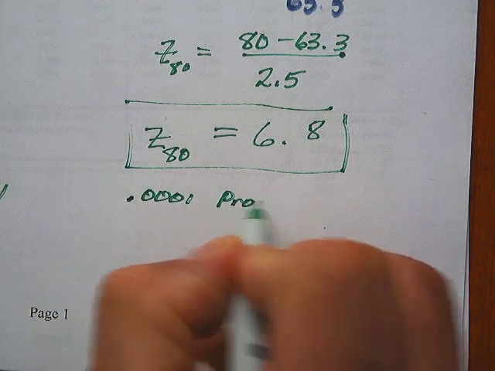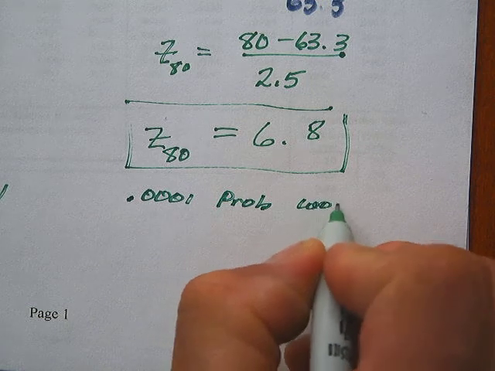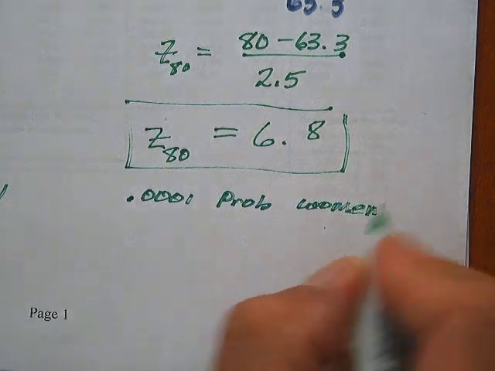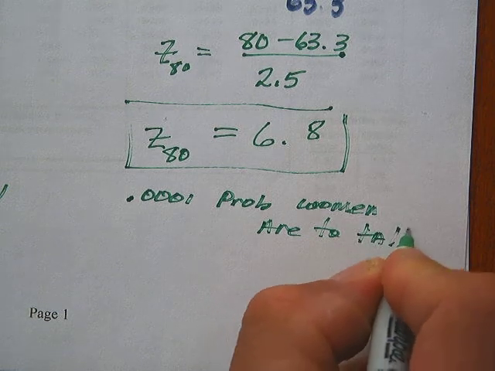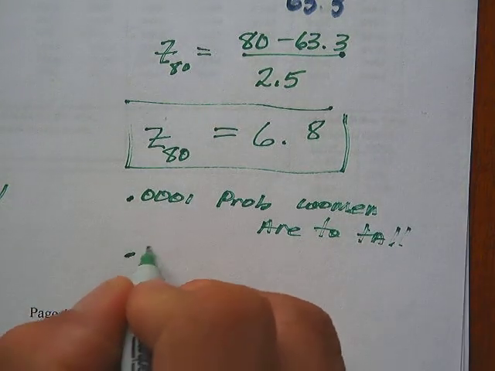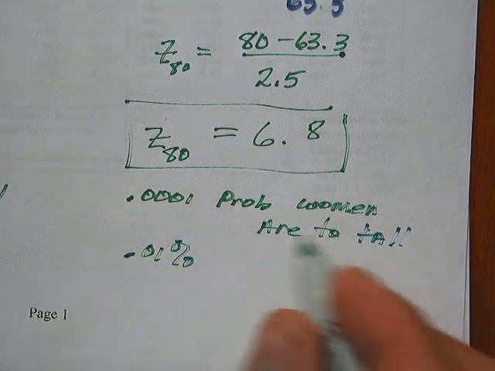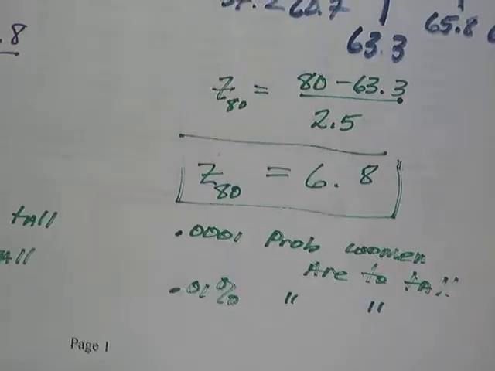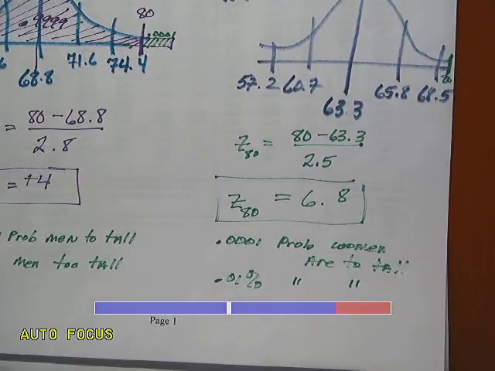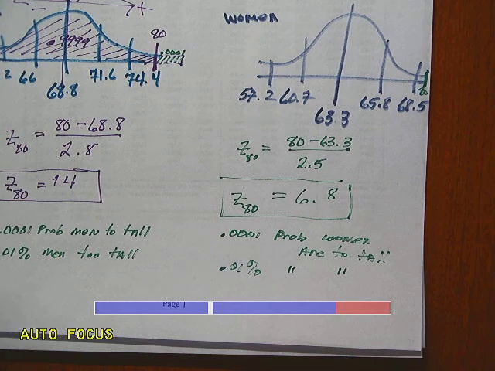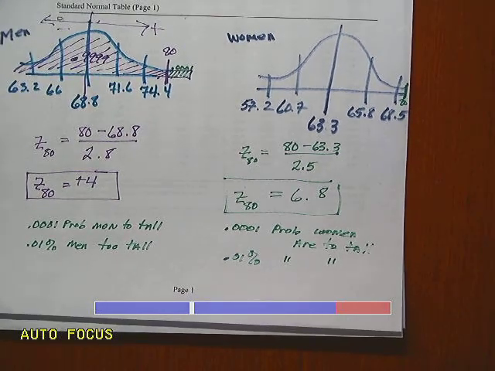So that's going to give us, again, the little note in the book that says 0.0001 probability of women are too tall for the 80-inch door, or 0.01% is too tall for the door.